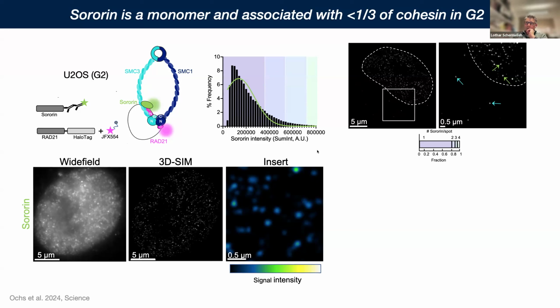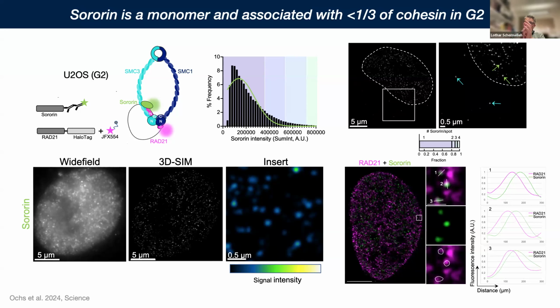So here we have really only one class of molecules. When we look at the co-localization of cohesin and sororin, we can see that sororin exclusively co-localizes with these monomeric cohesin spots.